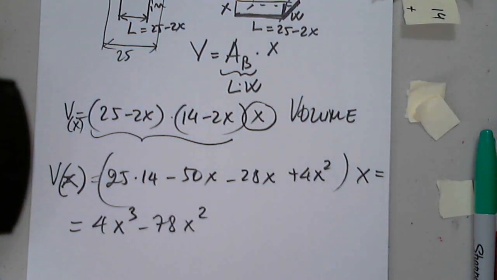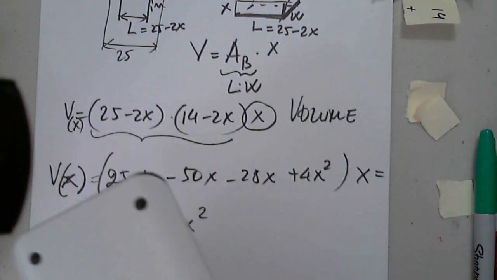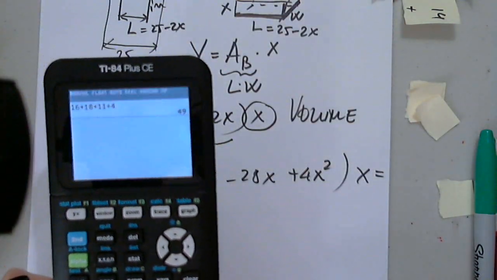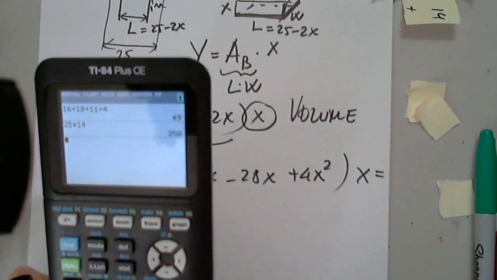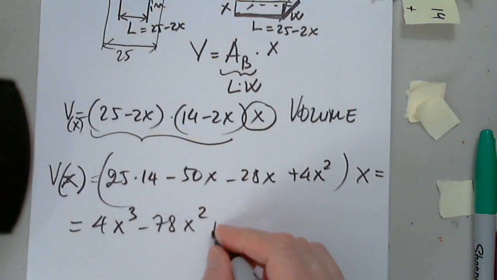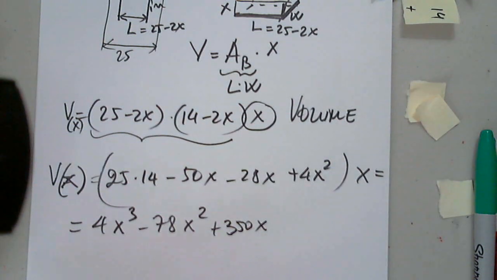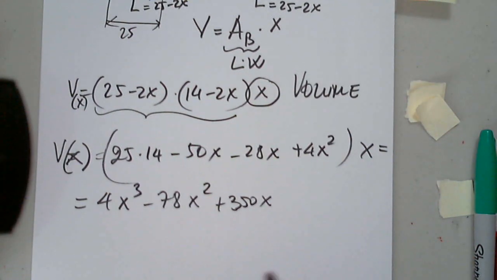And I'm looking for my calculator because I'm lazy. So what is 25 times 14? 350. So plus 350x. So here's what we did one more time. This times this, 78x times x with negative, and these two times x. Good. Finally, I have the function.